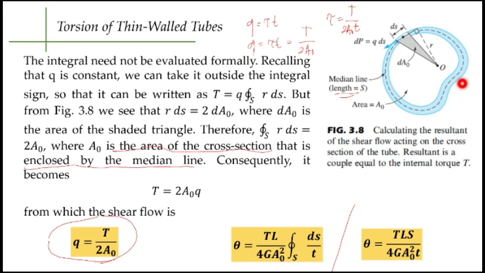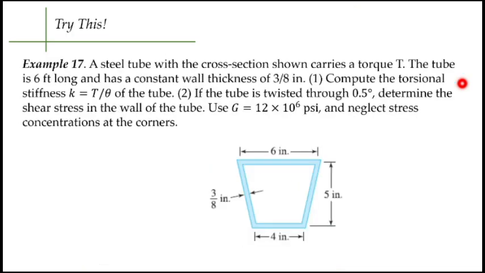Now, why is it that there's another formula wherein ds over t? Take note that later on we will realize that there are certain problems where, for a single thin wall tube, the dimensions of the thickness are not the same. So just a disclaimer for this one.